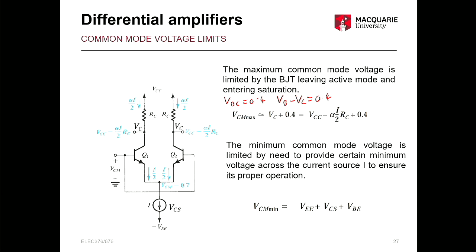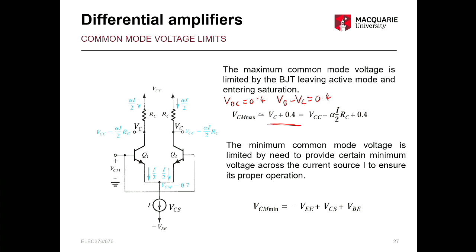So we have simply this expression. And it's approximate because that 0.4 is an approximate value. And that's from, again, what you should know from the previous lectures, the VBE being 0.7, the VBC 0.4. These are all just the standard voltages for switching regions. So if that's unfamiliar to you, go back and look at the BJT work and go through some of those videos, and that will come back to you.